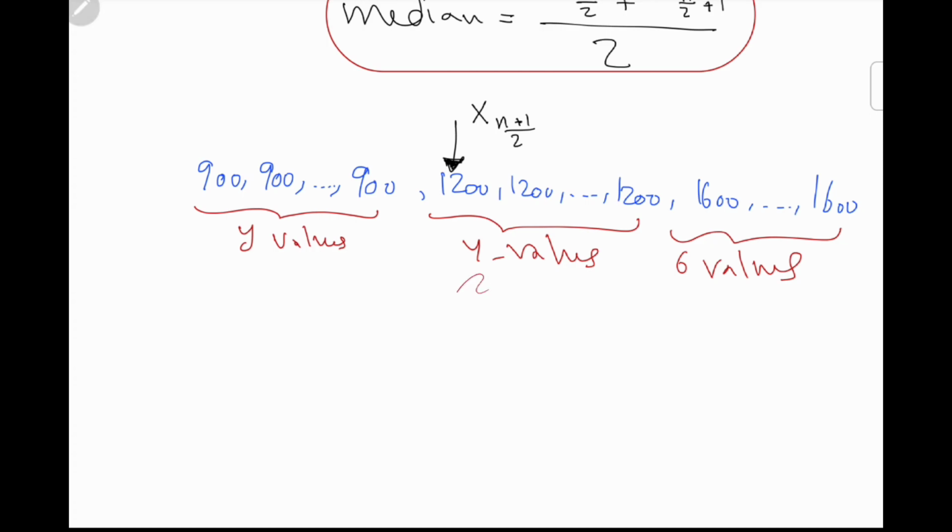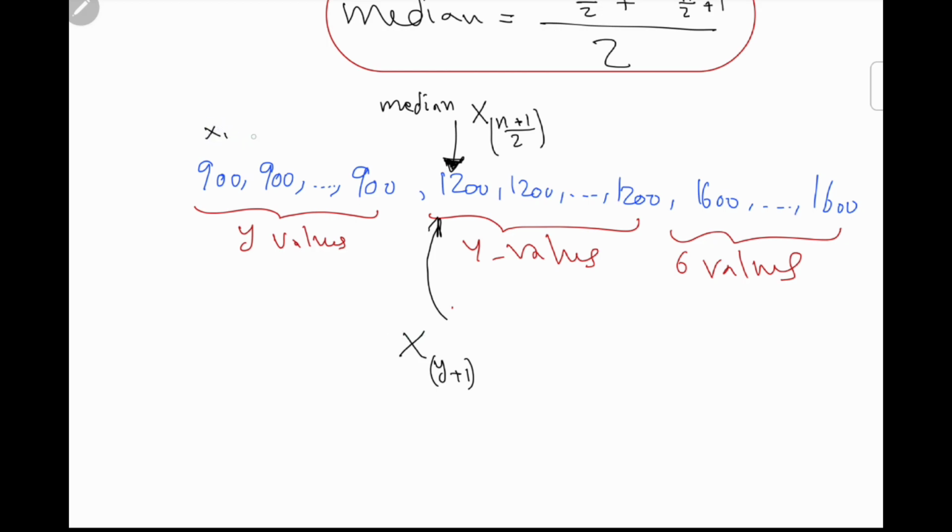And we know that the first 1,200 value is also equal to x sub y plus 1, so it has a position of y plus 1.